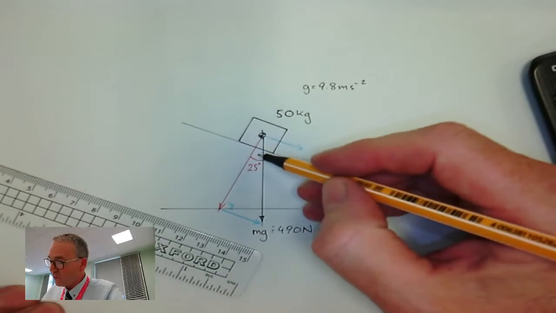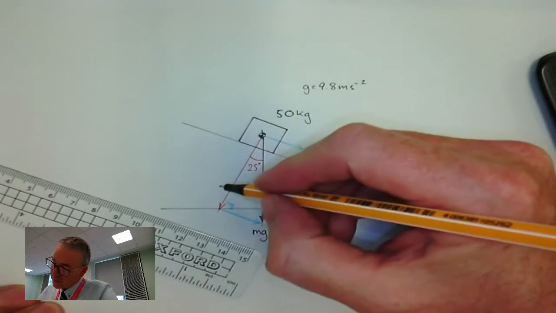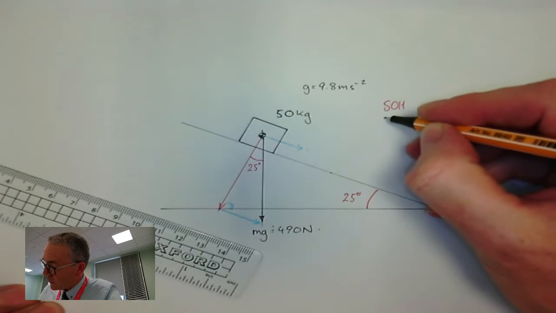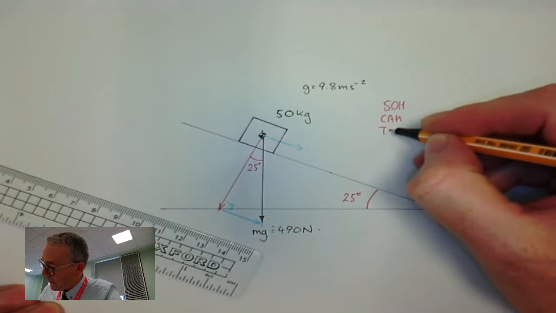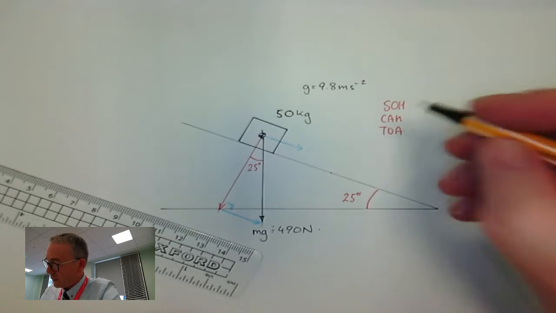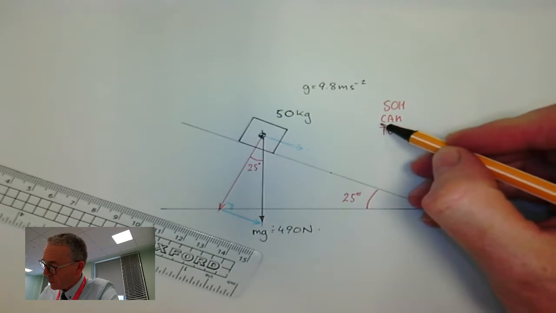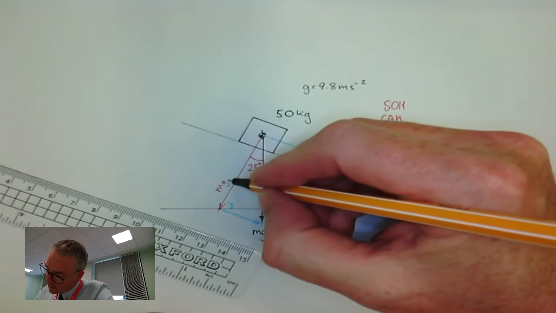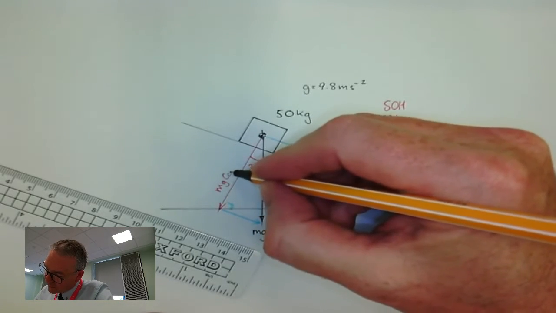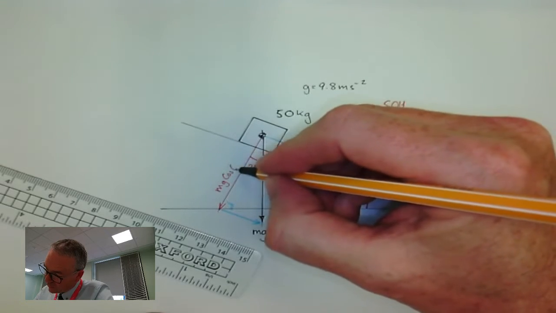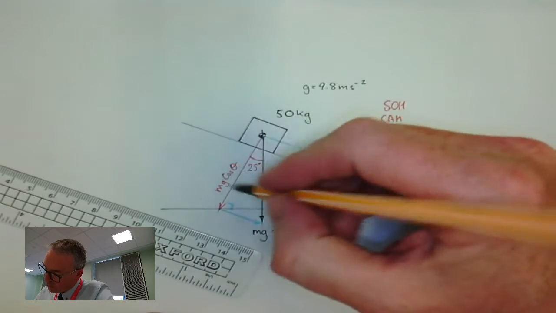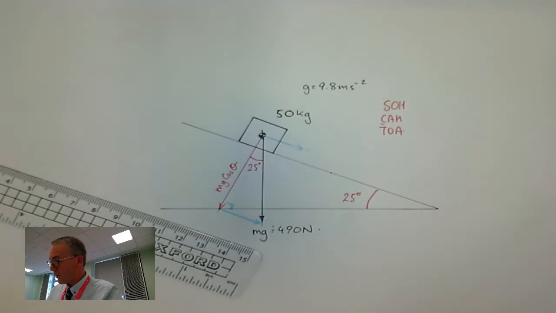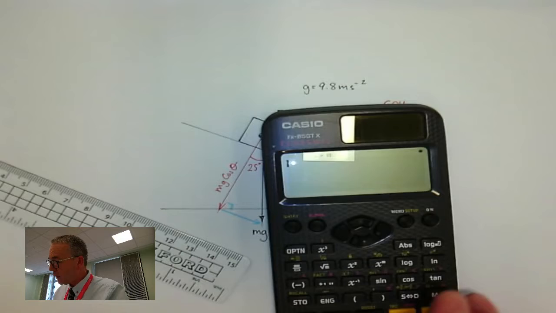This one's an adjacent, so if we go back to our classic SOHCAHTOA, we're going to use the cosine. So this would be the mass due to gravity multiplied by the cosine of the angle 25 degrees. We're going to end up with 490 multiplied by the cosine of 25. So let's pull in the calculator and get that going.